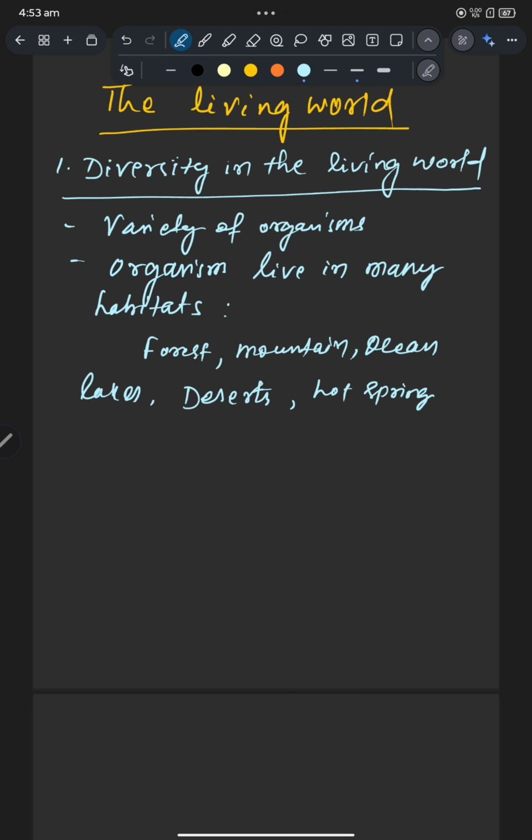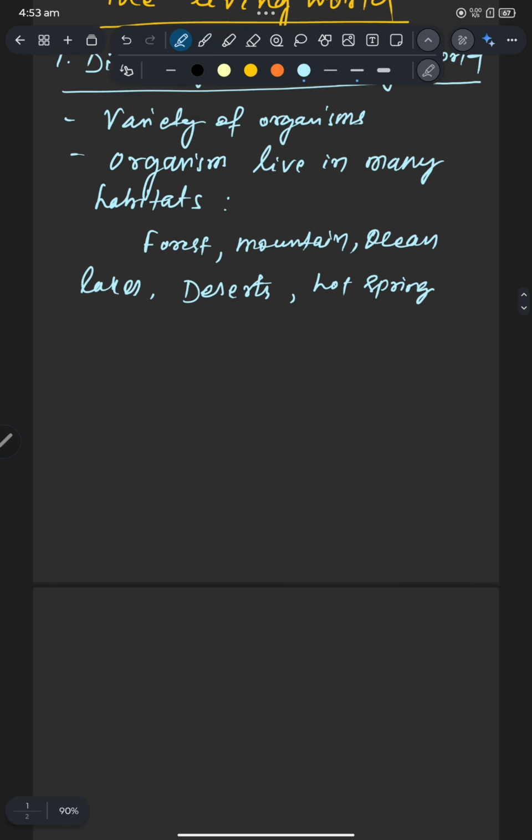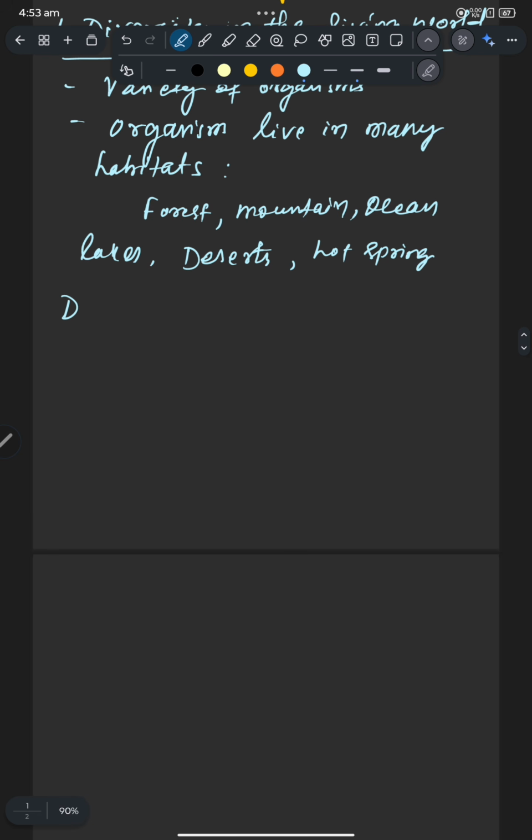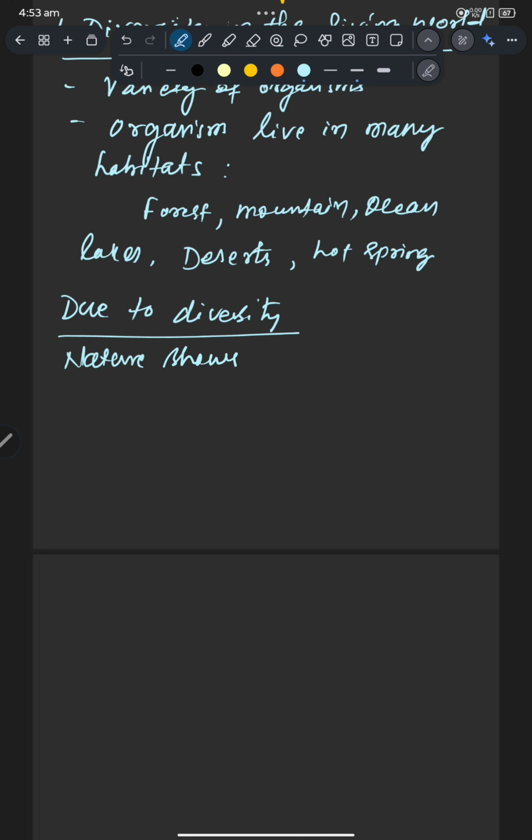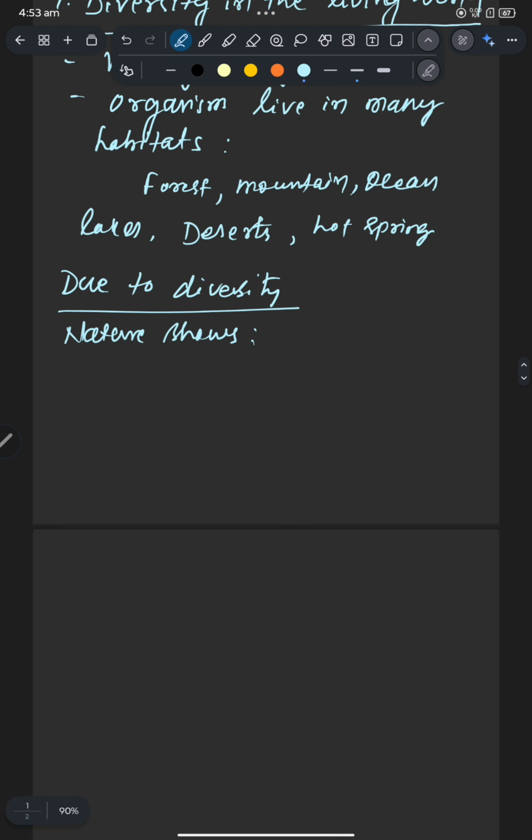Because of these varieties of organisms, nature shows, due to diversity, one, cooperation among the organisms.